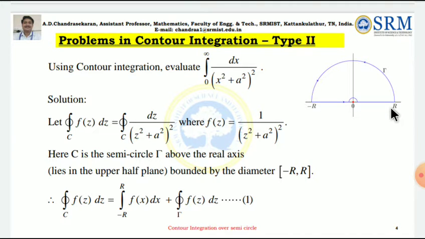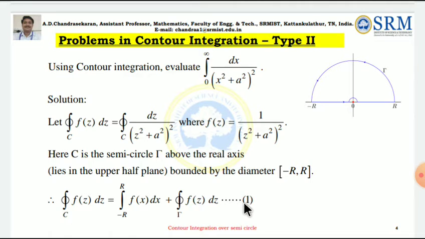Got it? So the integral over C of f of z dz is equal to the integral where we start from minus r and travel through this real axis up to r. So the integral from minus r to plus r, it is the real axis, so we write it in terms of x, f of x dx. What is the equation of the real axis? The x-axis, y equal to 0. That's why this is only in terms of x, plus this gamma curve, the integral over gamma f of z dz.